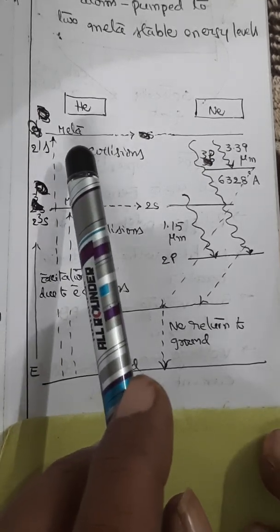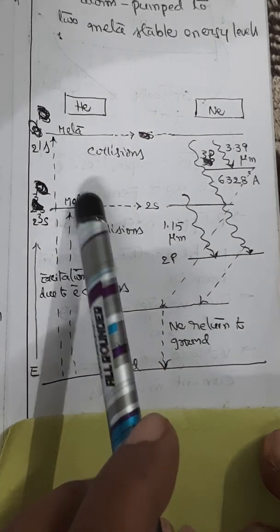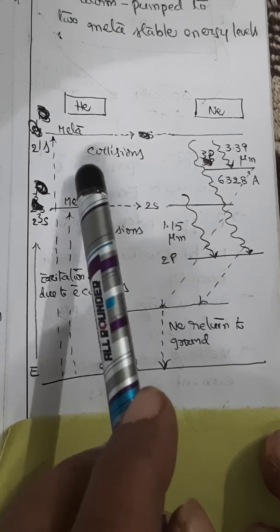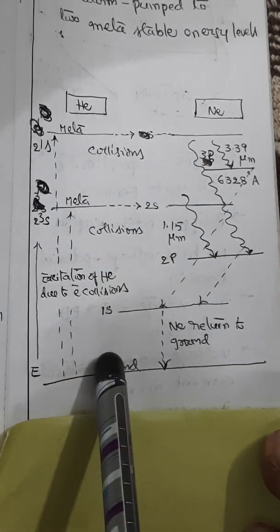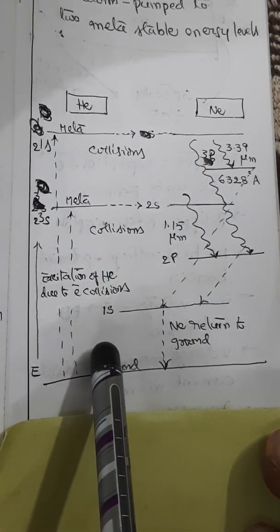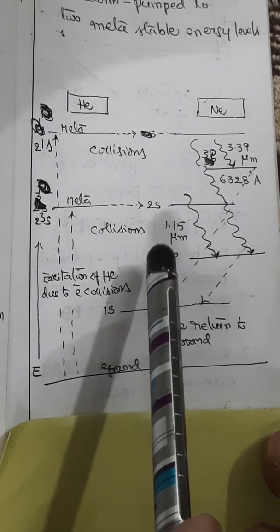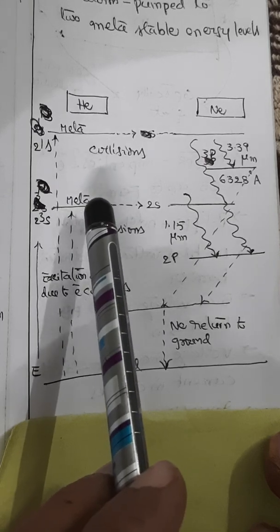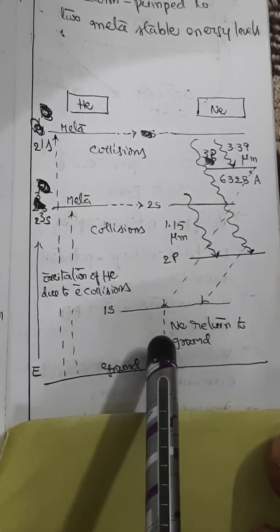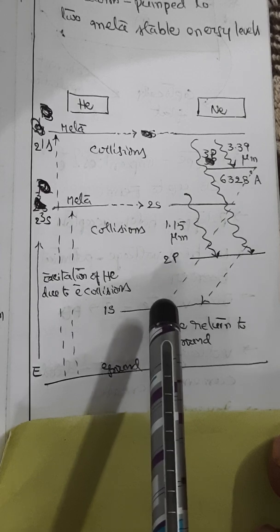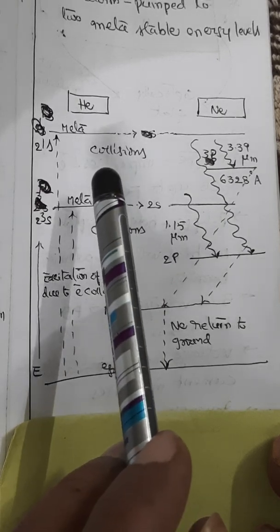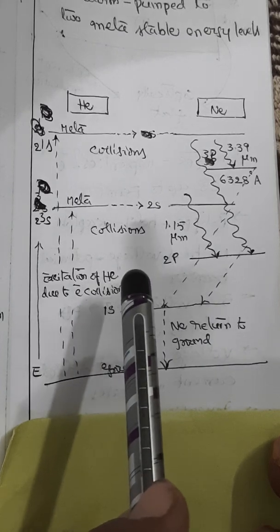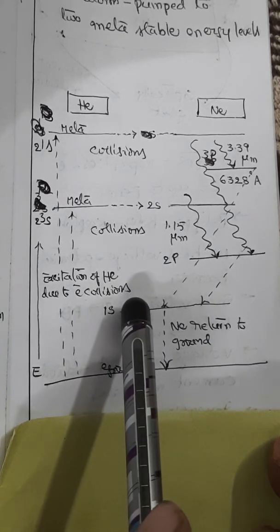The helium atoms present in the metastable states may collide with the neon atoms present in the ground state and excite them to the 2s and 3s levels, to the next higher levels. During collisions, the metastable helium atoms transfer their energy to the ground state neon atoms and the helium atoms come back to the ground state.